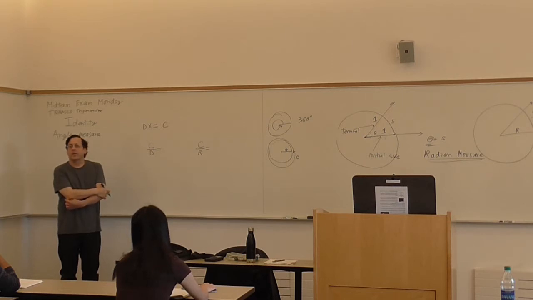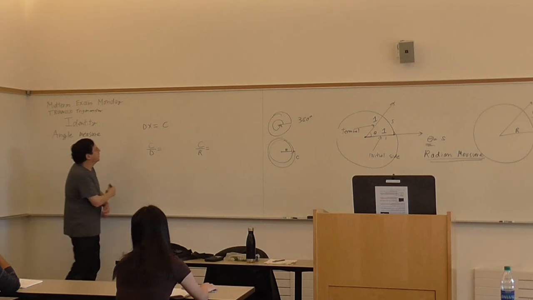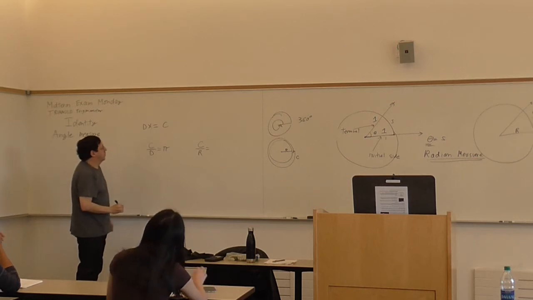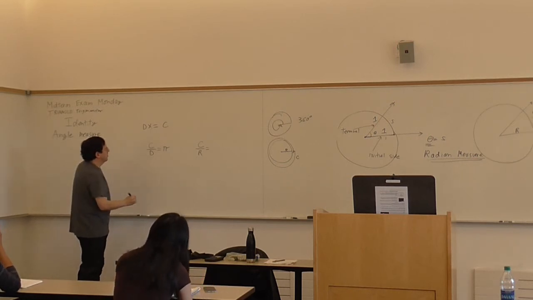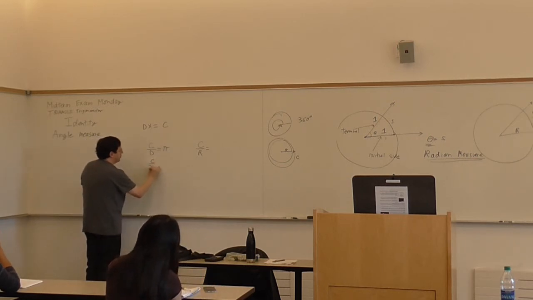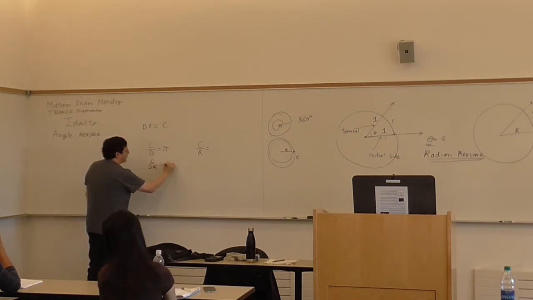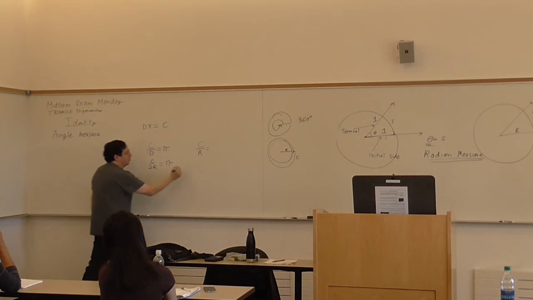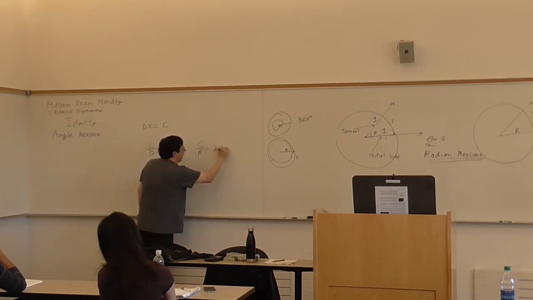Is it pi? That's pi. C over d equals pi. But that's just c over 2r is pi. So c over r will be 2 pi.